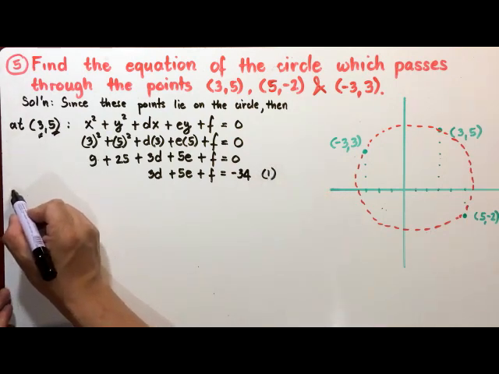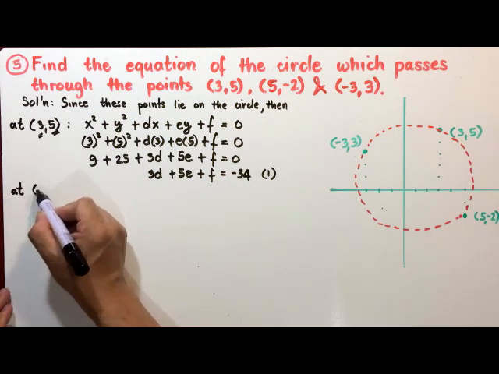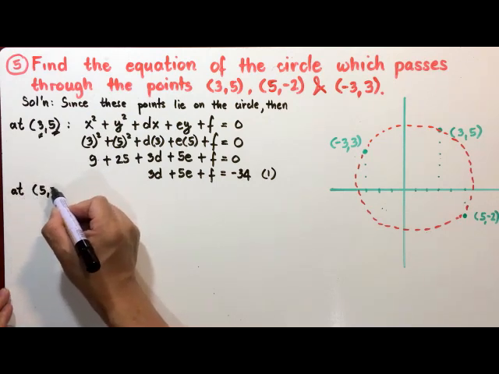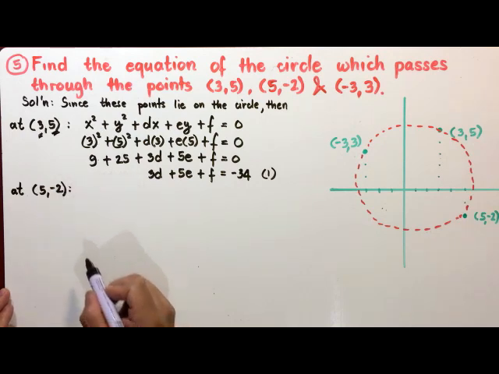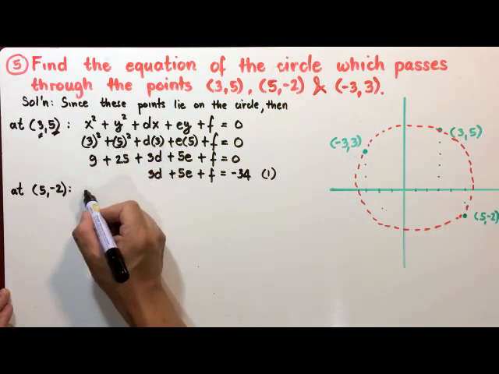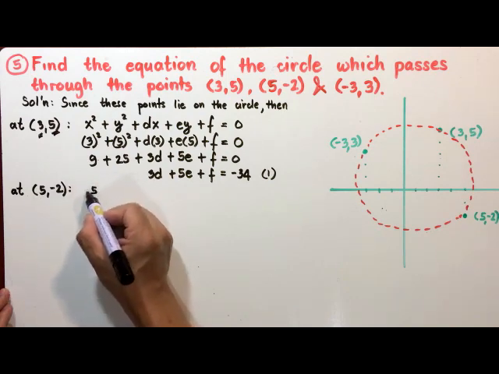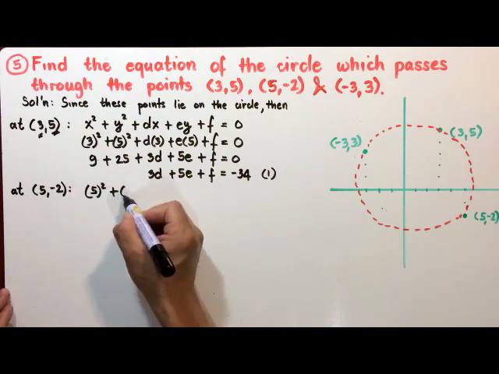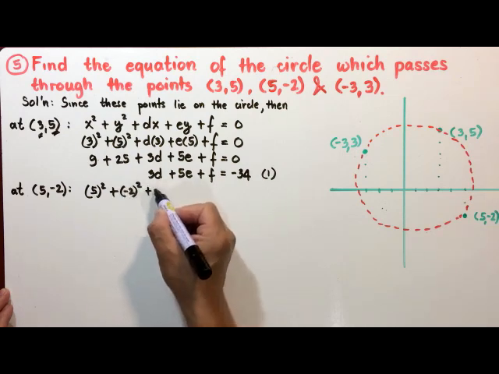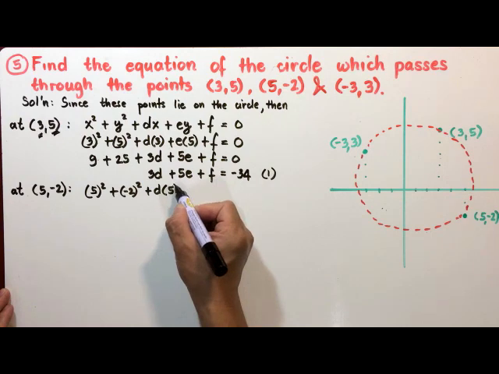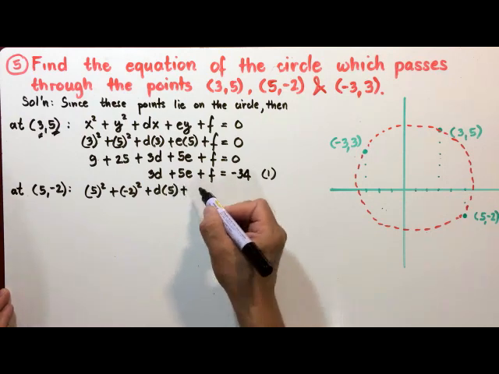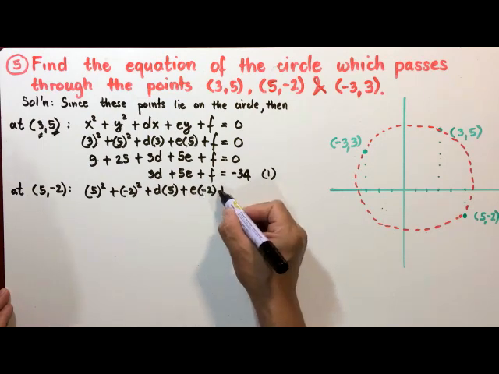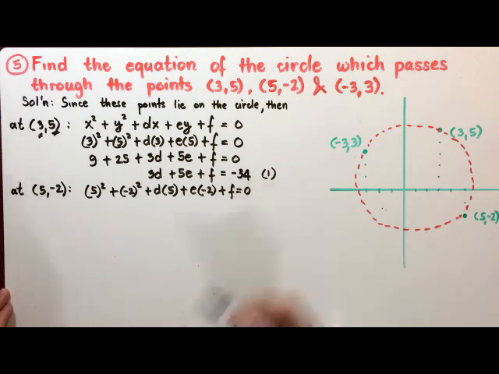Now, also, the second point satisfies the equation, which is the point 5, negative 2. Since this lies on the circle, then it satisfies the equation. So, the equation again is x squared plus y squared plus dx plus ey plus f is equal to 0. Our x is 5, so that is 5 squared plus negative 2 squared plus d times 5 plus e times negative 2 plus f is equal to 0.